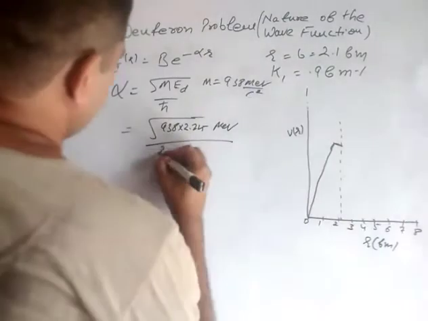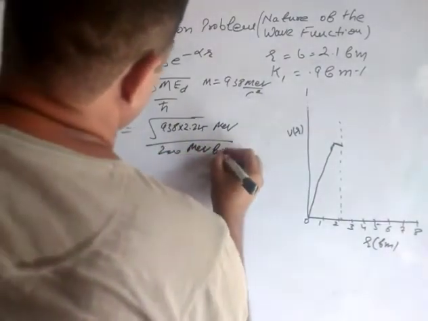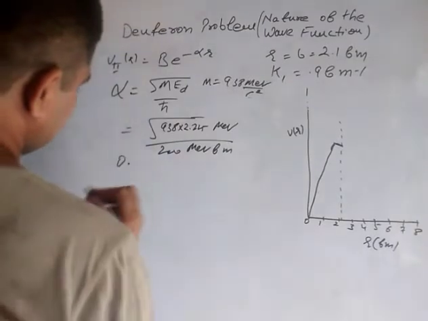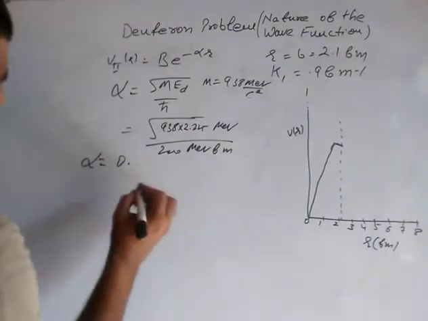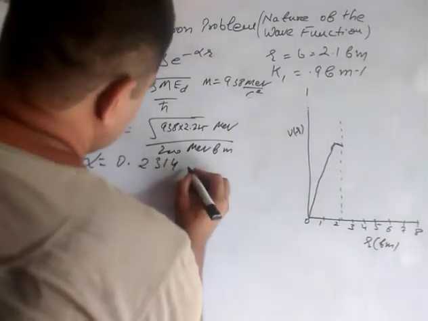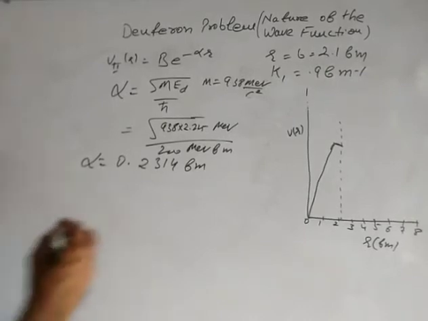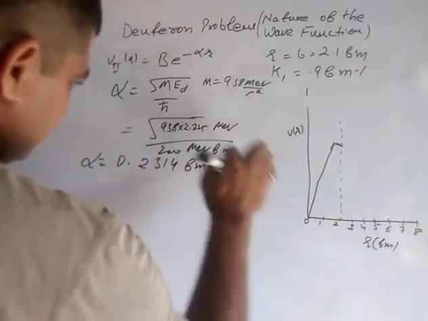When you do this calculation, you will find that alpha comes out to be 0.2314 femtometer inverse, because femtometer is in the denominator.